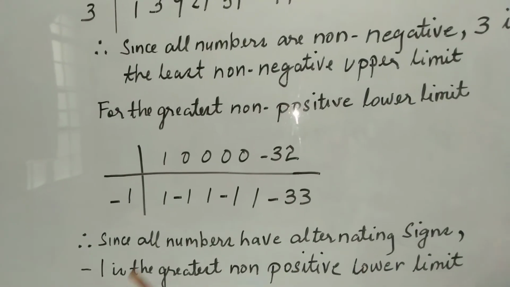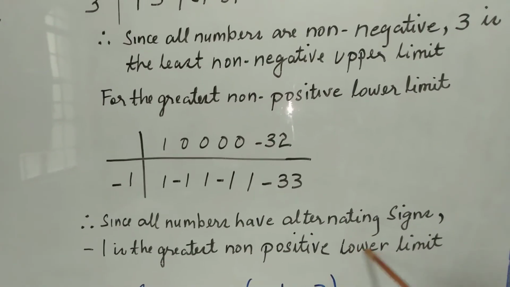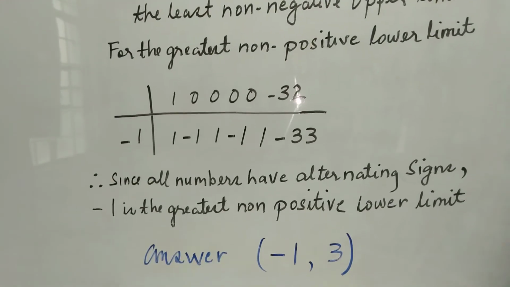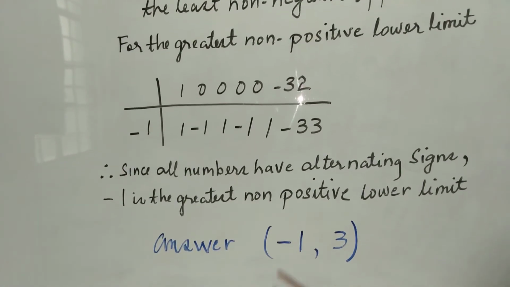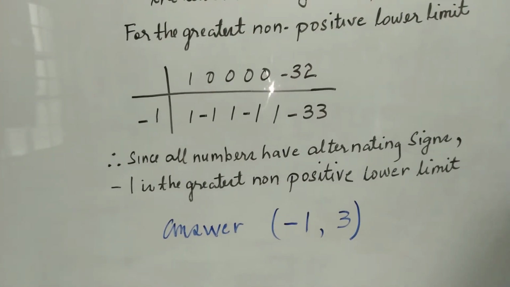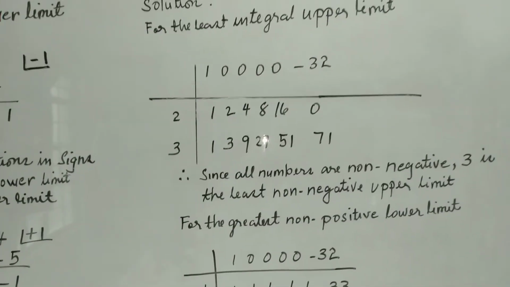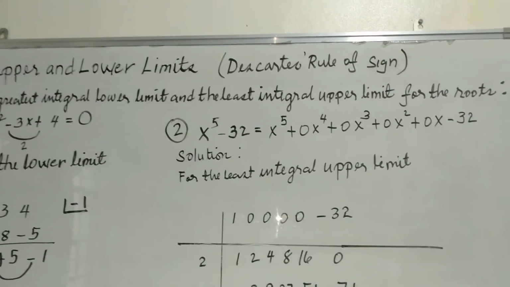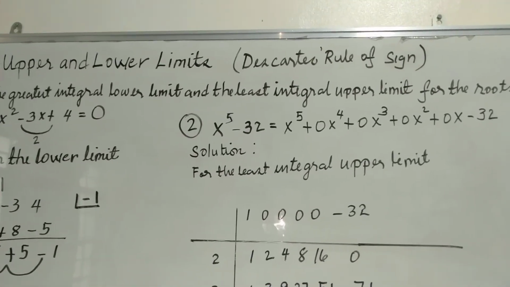So negative 1 is the greatest non-positive lower limit. So our answer for this exercise is similar to exercise 1, negative 1 and 3 also. So that's how we're going to test for the integral lower limit and the least integral upper limit.